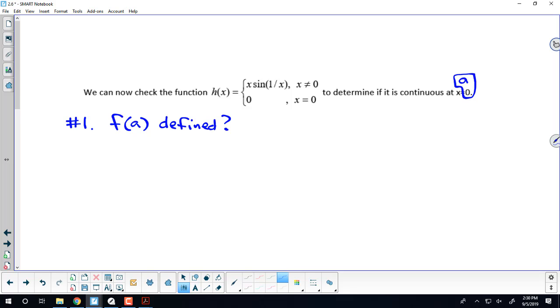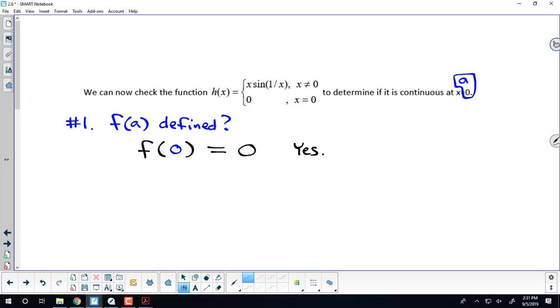So is f of a defined? In other words, can we compute f of 0? Yeah, f of 0 is what? 0. It's defined here on the second piece. So yeah, it's defined as 0.